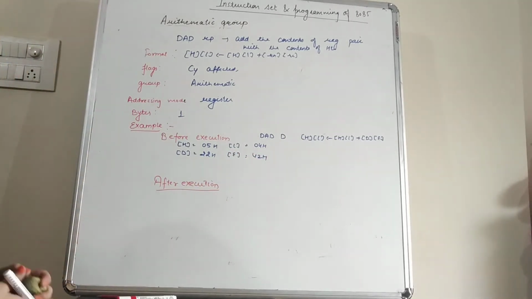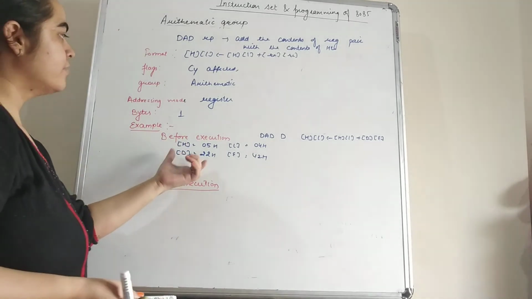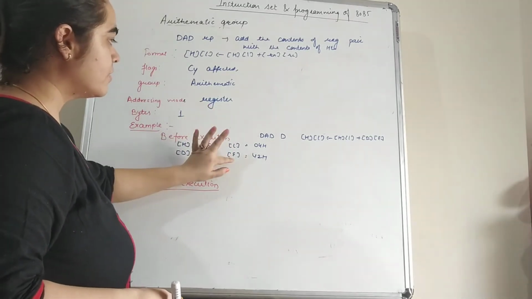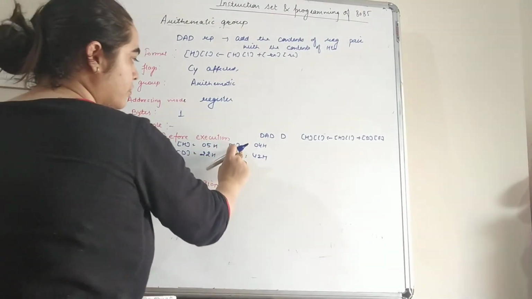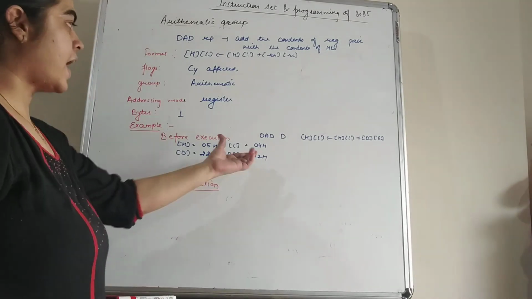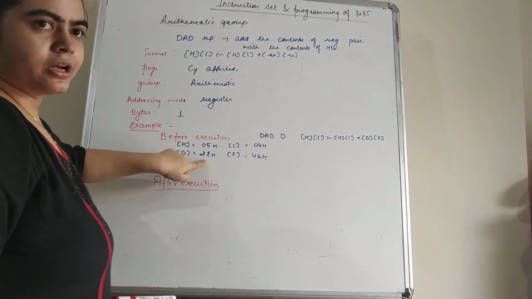Now students, we add the contents of L with E, and H with D. Initially we add the contents of L and E, because if a carry is generated, we have to add that carry in the higher order byte.